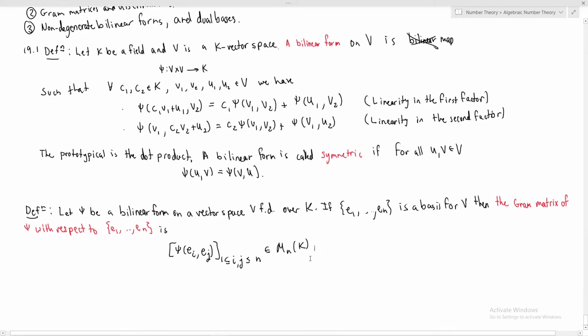So this Gram matrix, it turns out, tells you a lot about your bilinear form. The determinant of this matrix is called the discriminant.